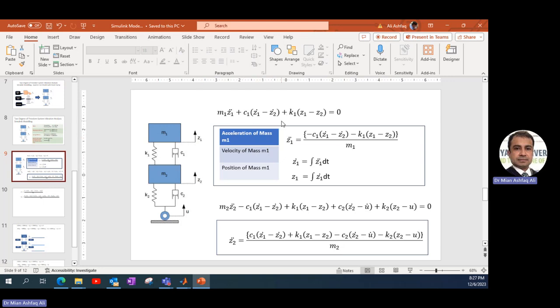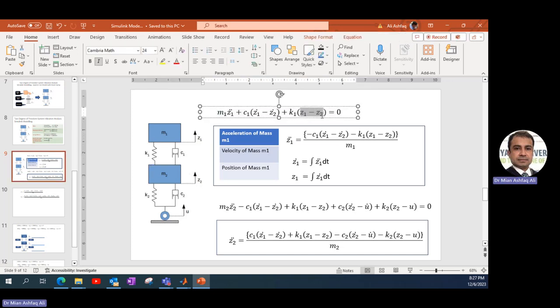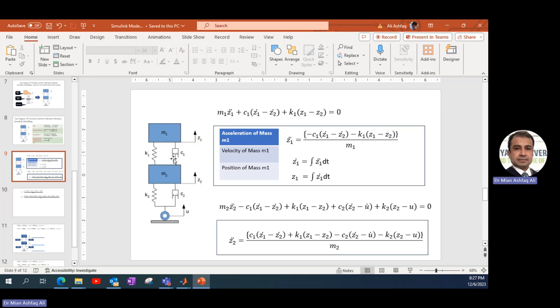Similarly, K1 is multiplied with the relative displacement between M1 and M2, which is Z1 minus Z2. These are the only two forces acting on M1 which cause the vibration.